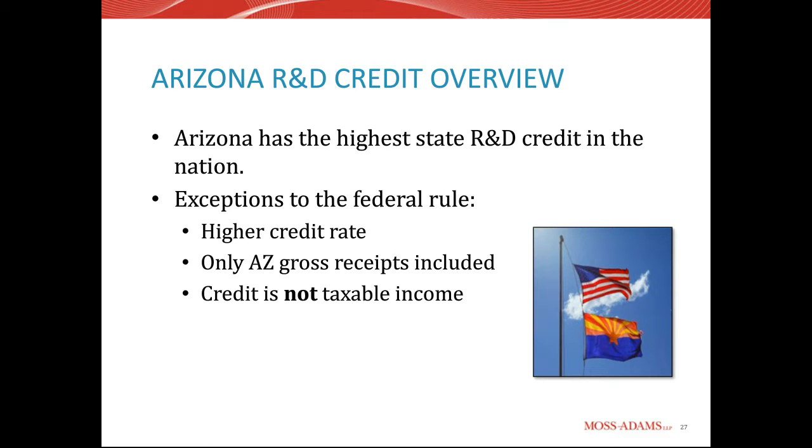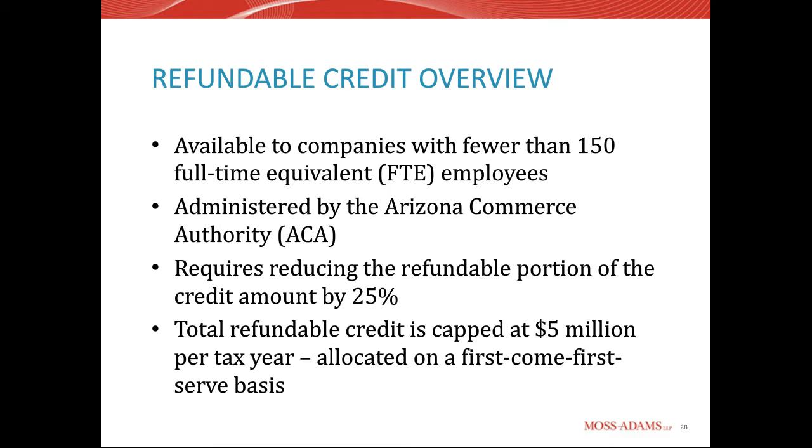There are some exceptions from the federal credit in that it only includes Arizona gross receipts, and it's not included in taxable income. The federal credit can be included in taxable income in some cases. The refundable portion of the R&D credit is available to companies with fewer than 150 full-time employees. This one is different in that you have to apply for the credit on a first-come, first-served basis.